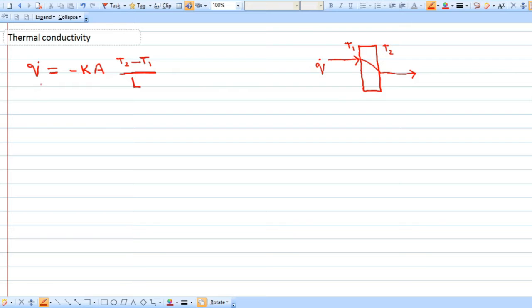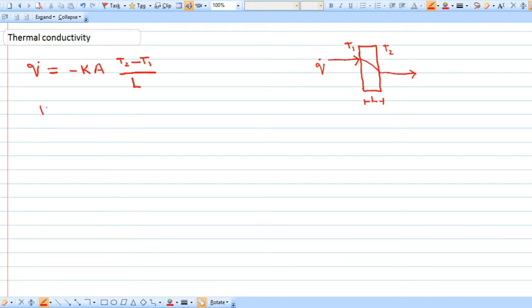Q is the rate of heat transfer, K is thermal conductivity, A is the area perpendicular to the direction of flow of heat, T2 is the temperature at the cold face of the wall, T1 is the temperature of the hot face of the wall, and L is the thickness of the wall.